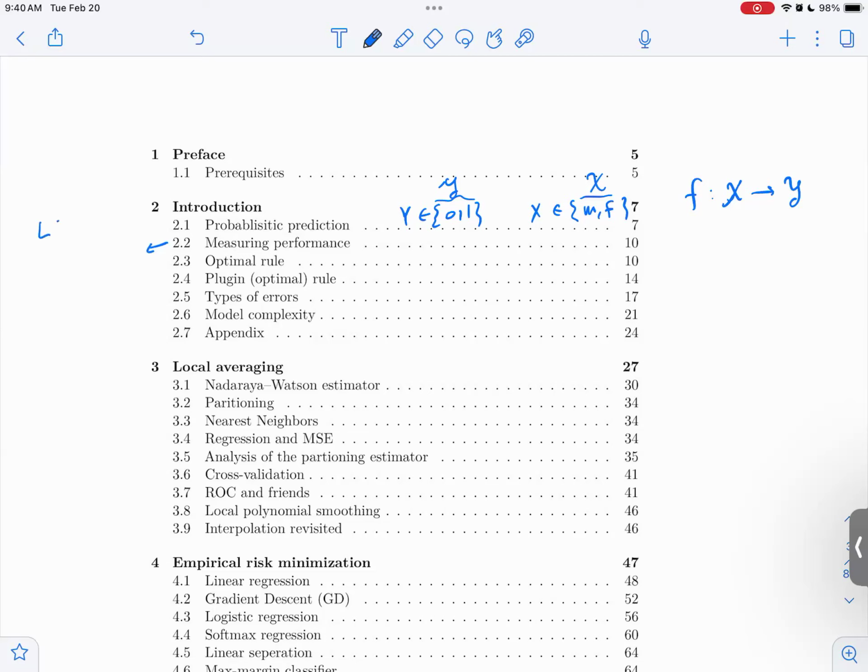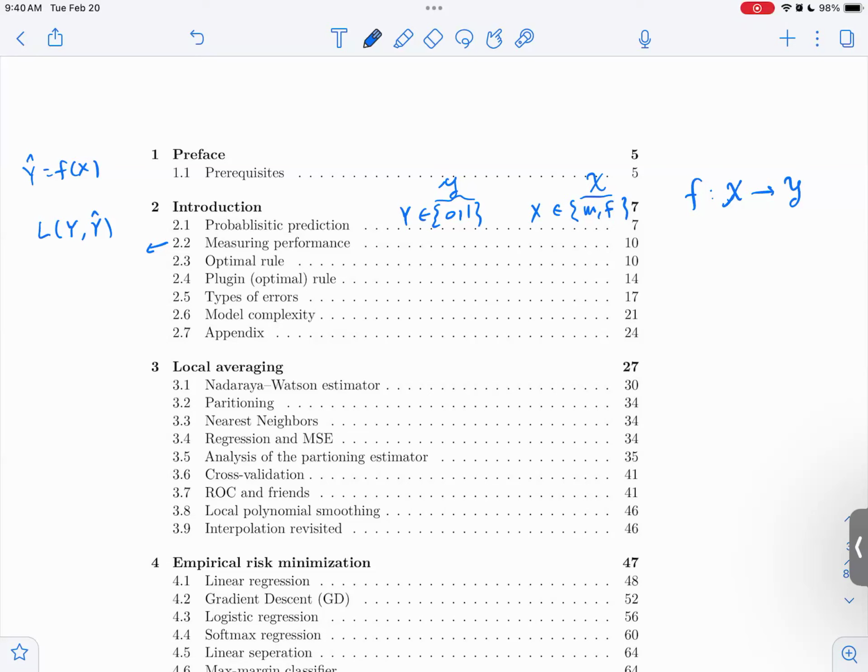So we introduced how we measure the performance, which is via a loss function, which measures how well you predict. So this function of x is going to be y hat. So we introduce the loss function and measure how well we predict y by measuring this loss.